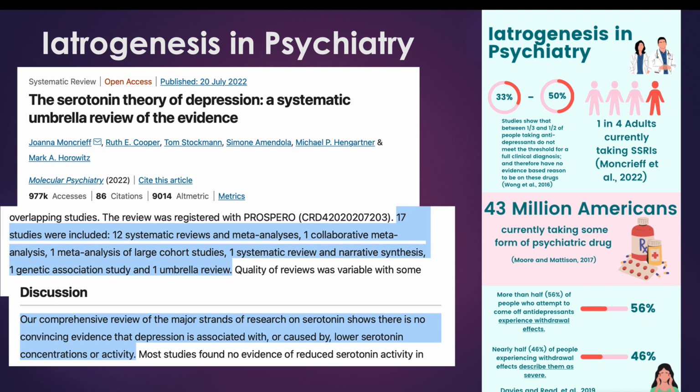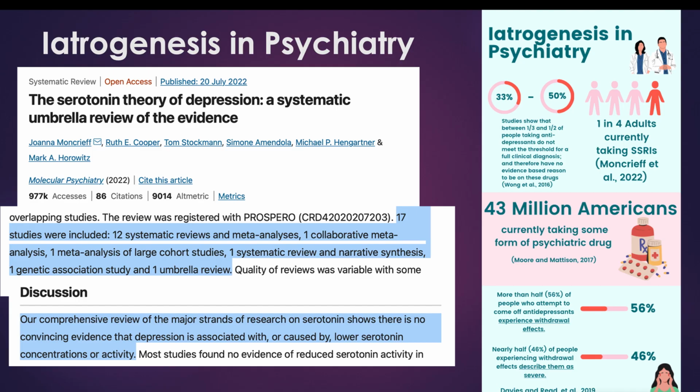But more than half of people who attempt to come off of these antidepressants experience withdrawal effects, okay? Comparable to drugs like cocaine or heroin, at the level of addiction, basically.